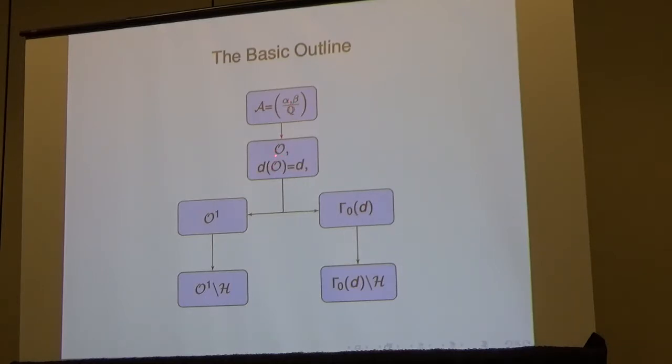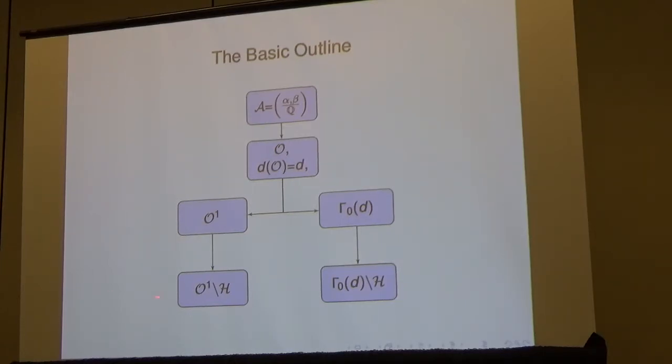This order has some discriminant D, and what we look at is the group of units in that order, and then the associated Gamma_0(D). And so we have this really nice way of starting with a Quaternion algebra and ending up with two arithmetic Fuchsian groups, one which is co-compact, and the other which is non-co-compact but co-finite.